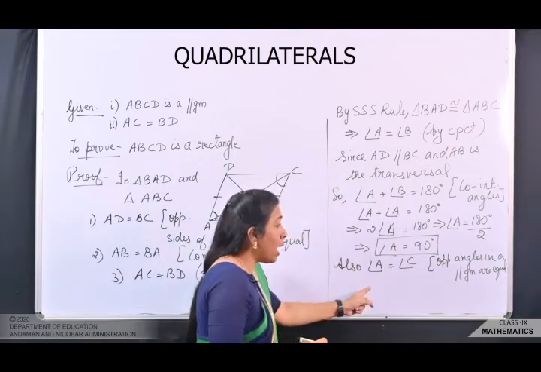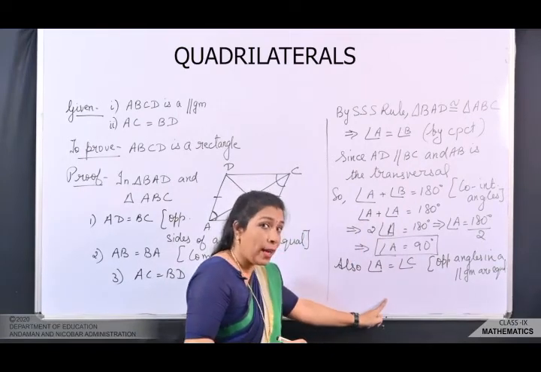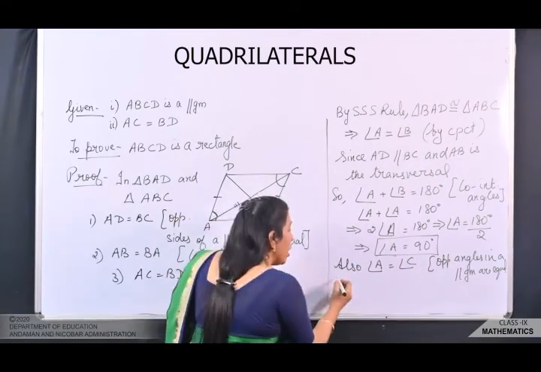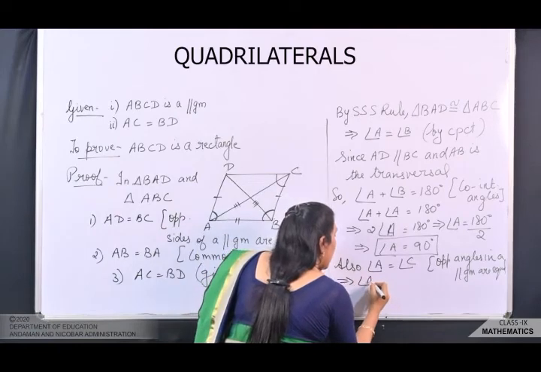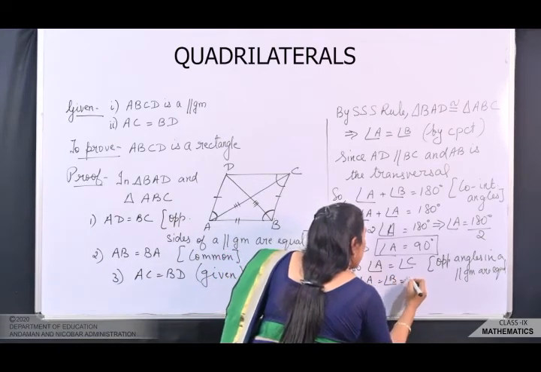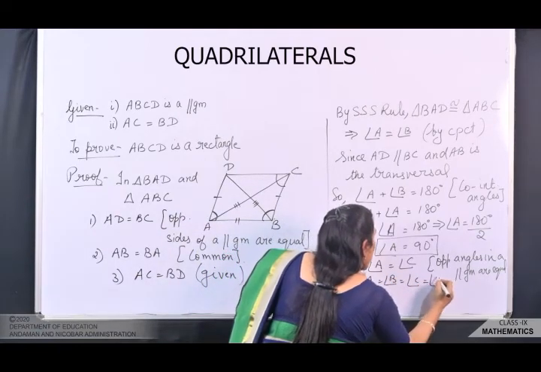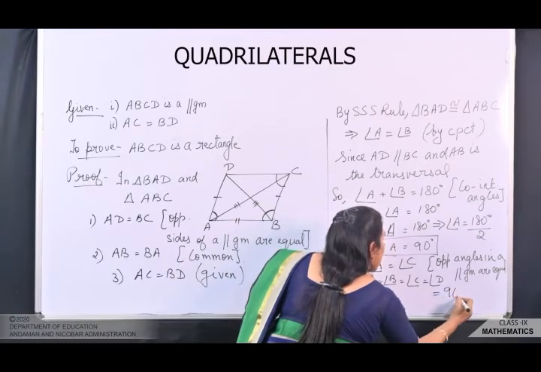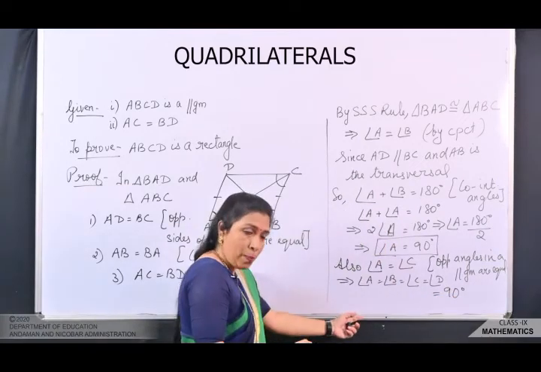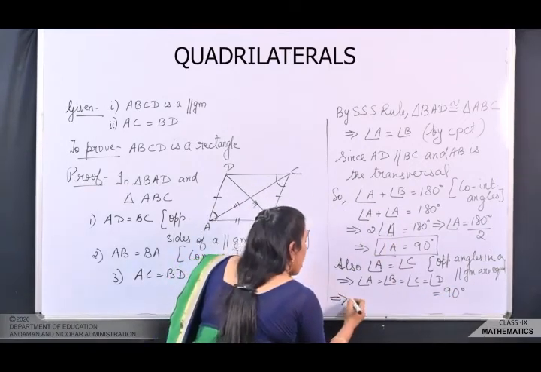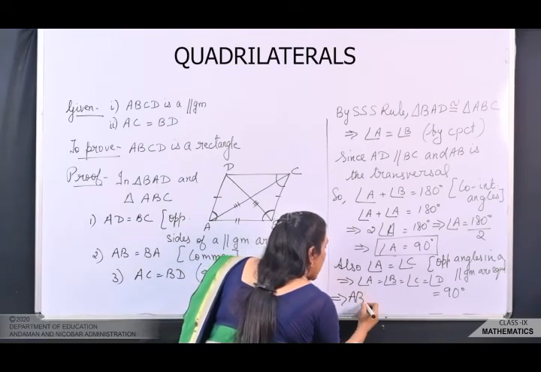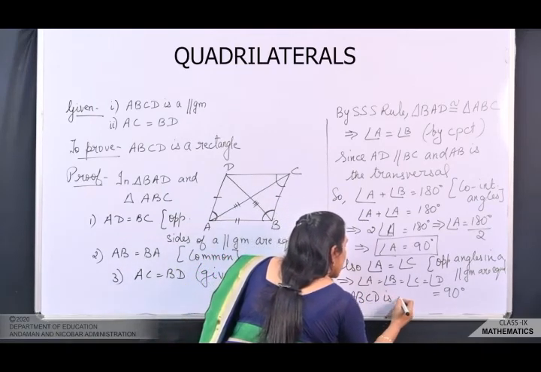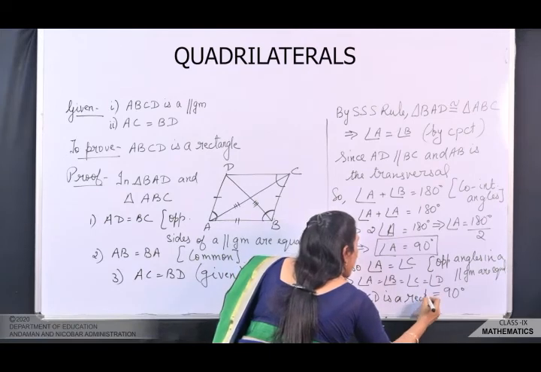Okay, which implies हमें सारा एंगल जो है 90 डिग्री मिल चुका है, right? Implies angle A is equal to angle B is equal to angle C is equal to angle D is 90 degree, which implies हमारा क्वाड्रिलेटरल पैरेललोग्राम यानी कि ABCD is a rectangle.